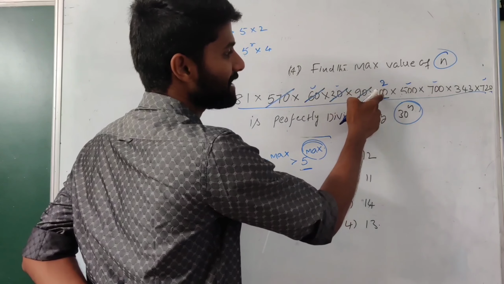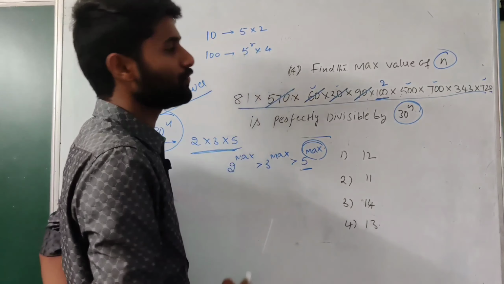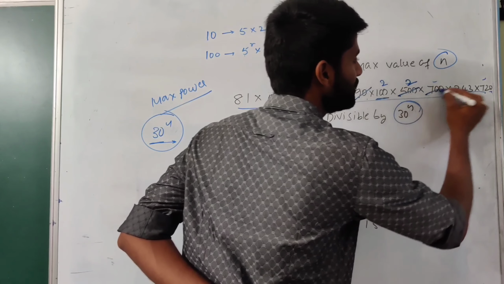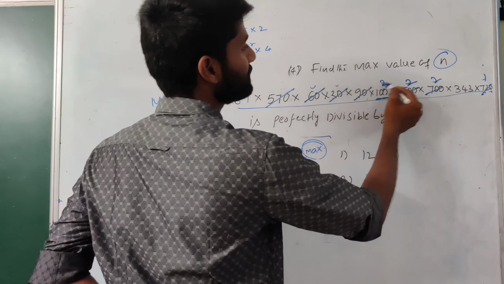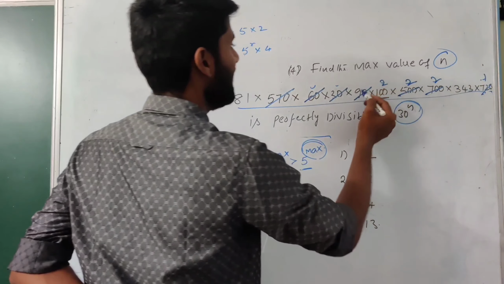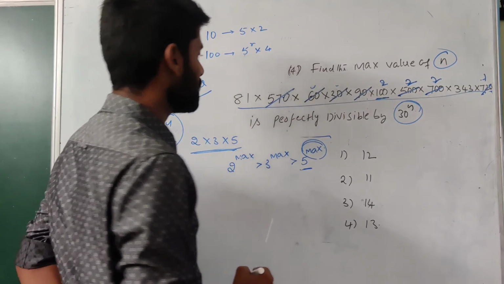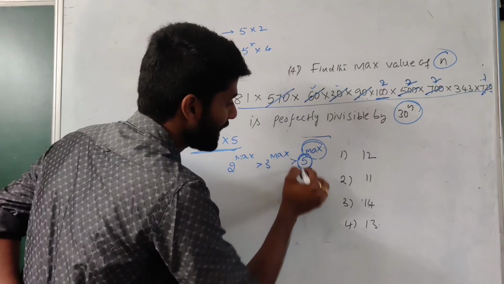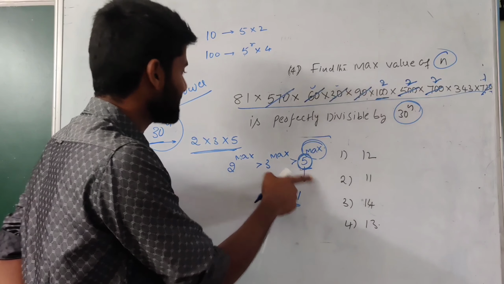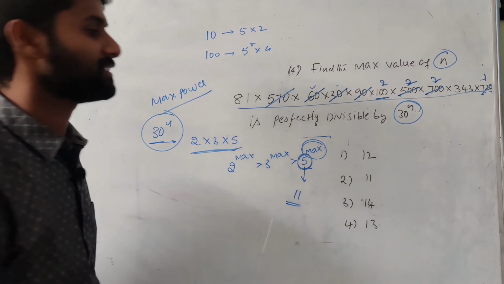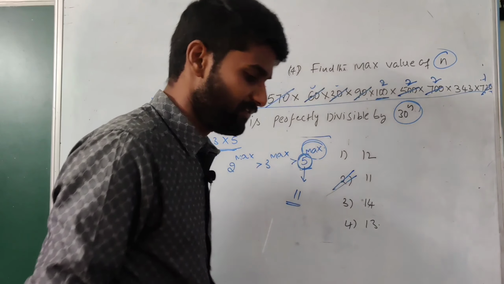Two 5s are available, because 100 can be written as 5 square into 4. And here we have a 2 value, here a 2 value, and here a 1 value. If you add the numbers, 6, 7, 8, 9, 10, 11. So the maximum power of 5 is equal to 11. Whatever the 5 value is, that is exactly the maximum power of 30. So the answer is equal to 11.